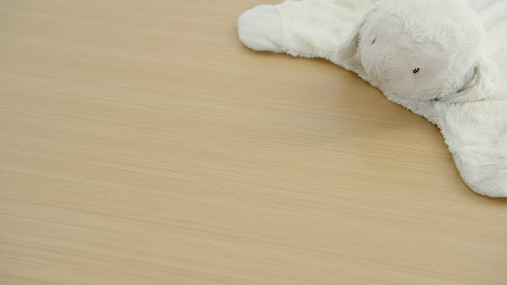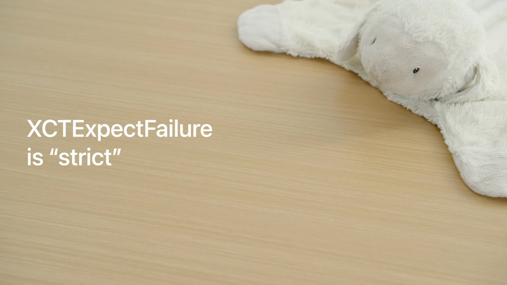Usually this means the underlying issue has been resolved, which is great. But how does XCTExpectFailure behave? If you're still calling the API and no failure is occurring, it will generate a new and distinct failure. We call this an unmatched expected failure, and it's part of the strict behavior that is the default for XCTExpectFailure. This behavior helps you maintain your code by prompting you to remove unnecessary calls to the API.